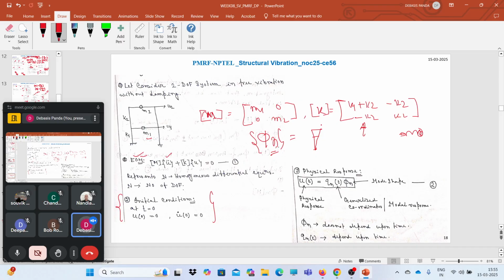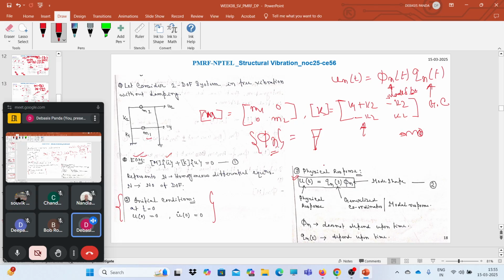So how can we get the physical response? The physical response will be nothing but the generalized coordinate multiplied by the mode shape. If I want to find the response of the n degree of freedom system, the physical response will look like this: phi n times q n of t. q n of t is the generalized coordinate and phi n is the mode shape.